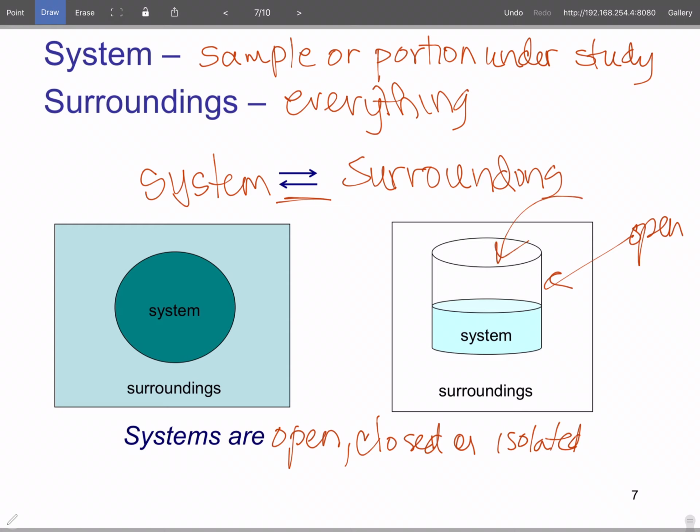Because it's open to the air, and therefore we can call it open. It can be totally closed, in which case we have our system separated from our surroundings. Or it can be isolated.